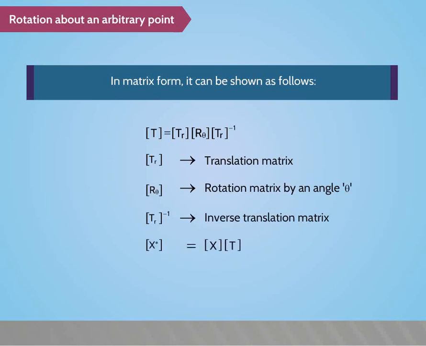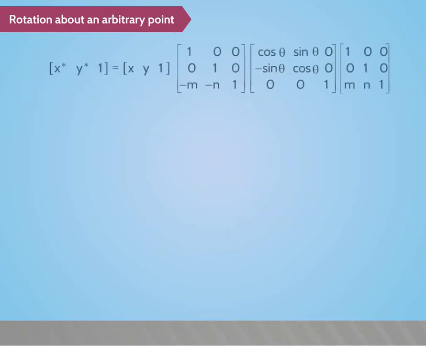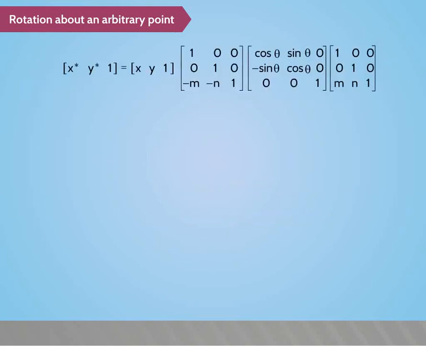[X asterisk, Y asterisk, 1] is equal to [X, Y, 1] times the matrix [1 0 0; 0 1 0; minus M, minus N, 1] times the matrix [cos theta, sin theta, 0; minus sin theta, cos theta, 0; 0 0 1] times the matrix [1 0 0; 0 1 0; M N 1].